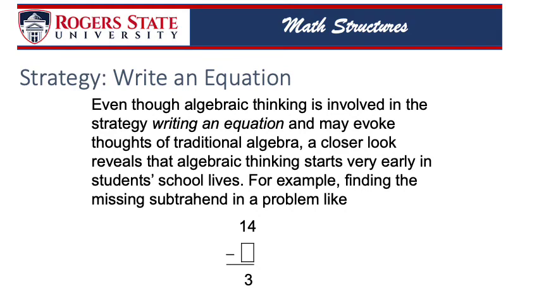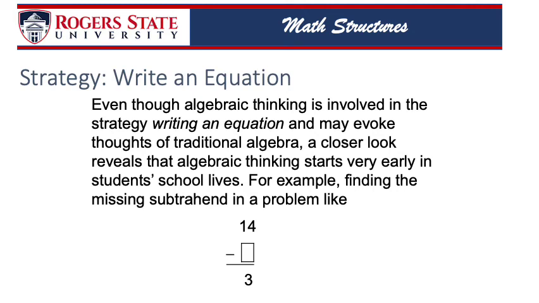Even though algebraic thinking is thought to be involved in this strategy of writing an equation, we can think about earlier ways we did it. So, what if I want to find the missing subtrahend? The subtrahend is the number we're subtracting. So 14 minus something is 3.